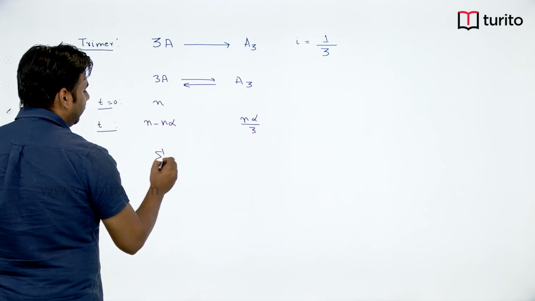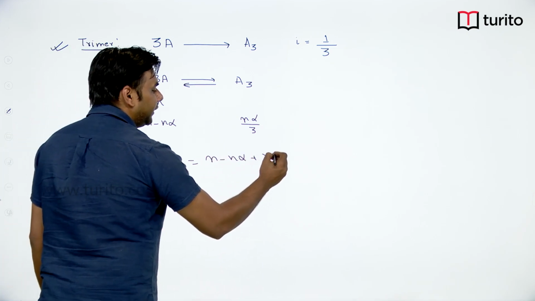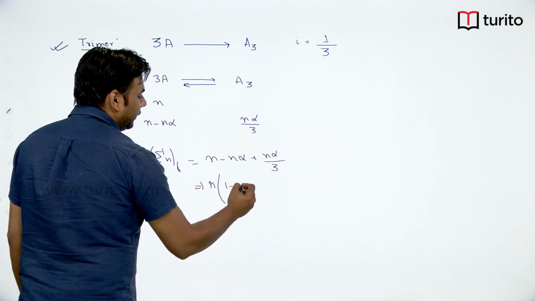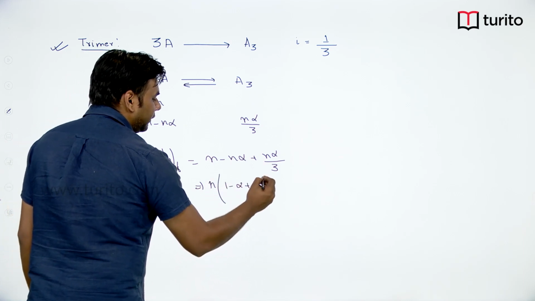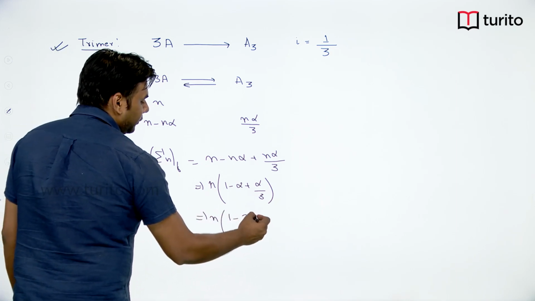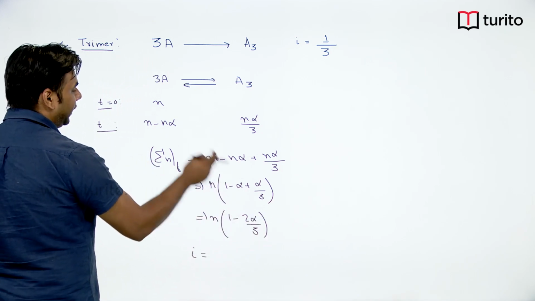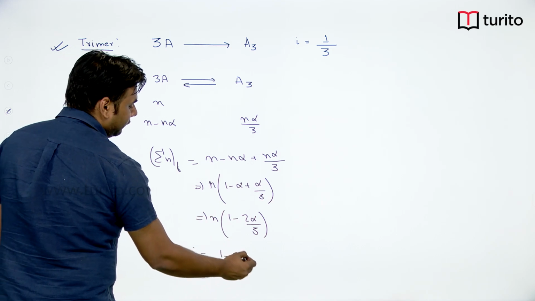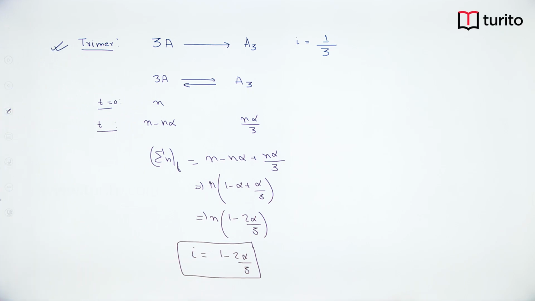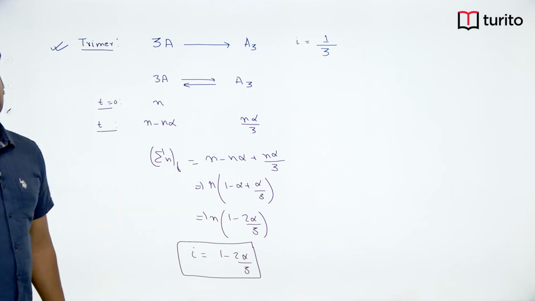So the total number of particles finally is n minus n alpha plus n alpha by 3. We can take n common, so this is 1 minus alpha plus alpha by 3, which is 1 minus 2 alpha by 3. So Van't Hoff factor would be the final particles divided by initial particles, that is 1 minus 2 alpha by 3. Hope this is clear to you. If alpha is 1, that means 100%, it will come out to be 1 by 3, so this is also correct.